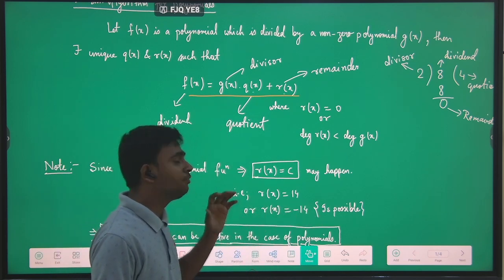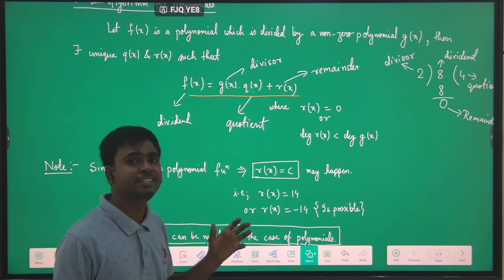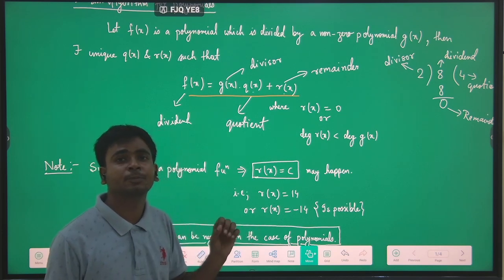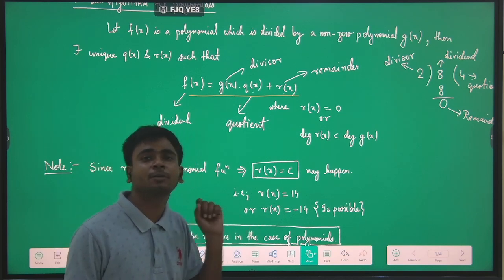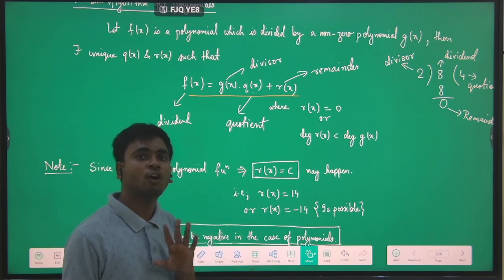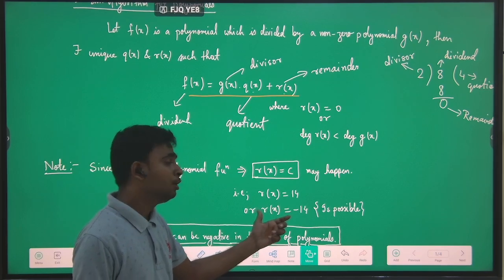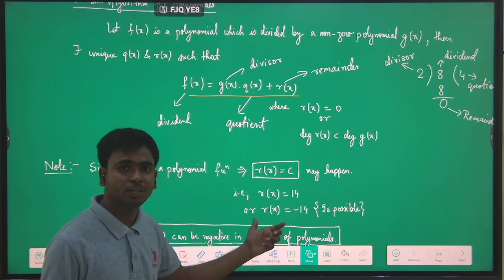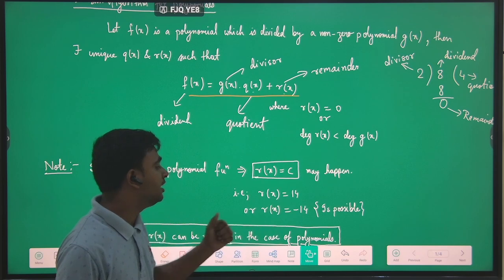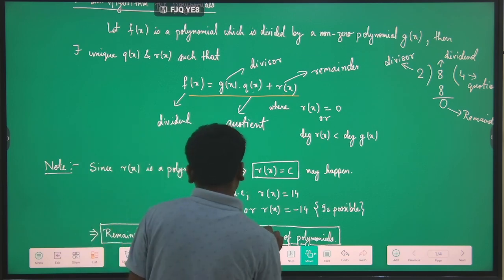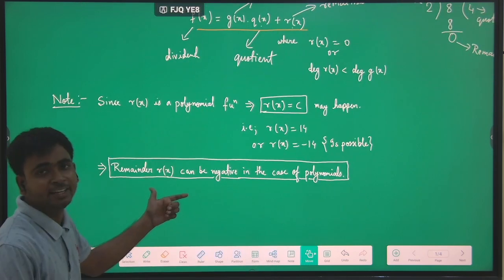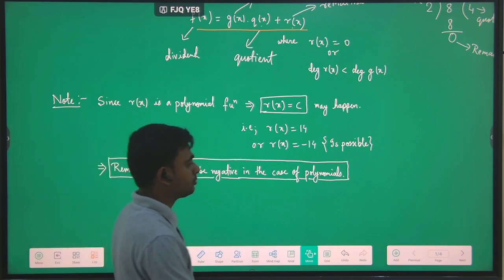But in the case of integers, remainders are never negative, only formal remainders are taken. So in this case, a violation is seen. But in the case of polynomials, we can say that the remainder can be negative. The remainders can be negative.